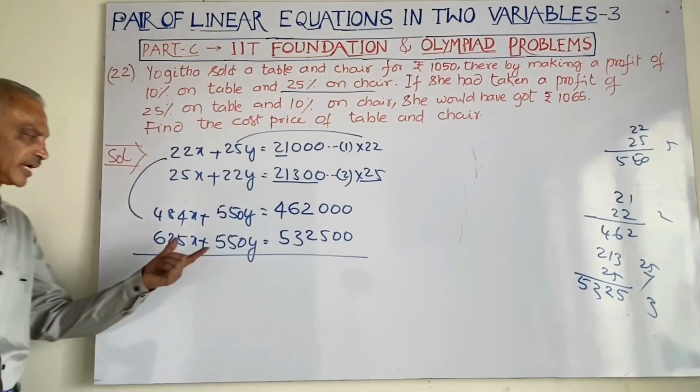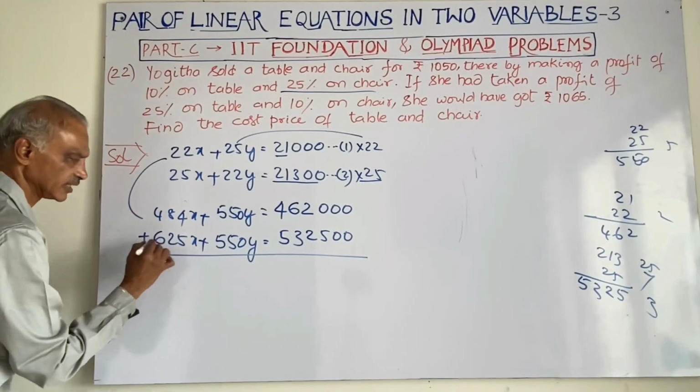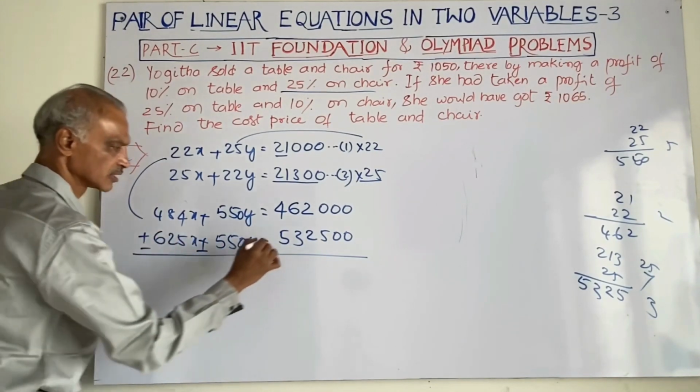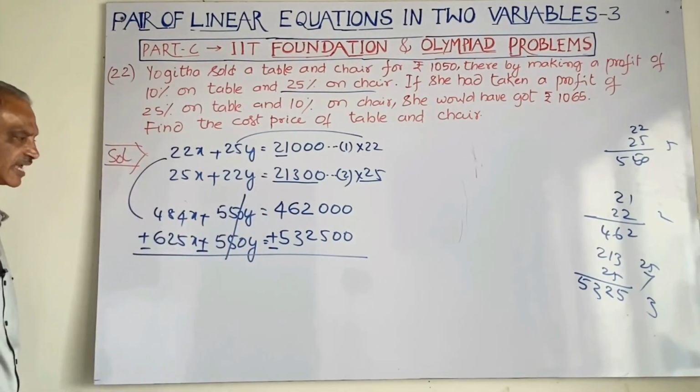Now subtracting this from this, plus becomes minus. Plus 550 minus 550 cancel.